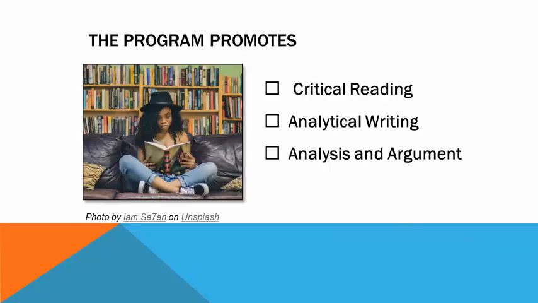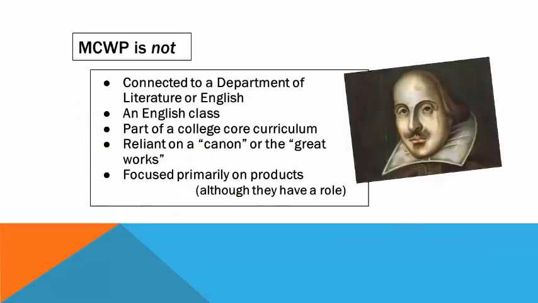One thing I do want you to know is what Muir College Writing Program is not, because there can be some confusion about that. We are not connected to a Department of Literature or English. We are not an English class, there's a difference. Instead, we are a composition course that focuses on academic argument.